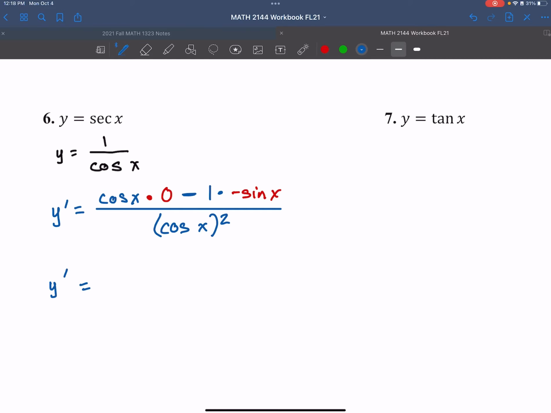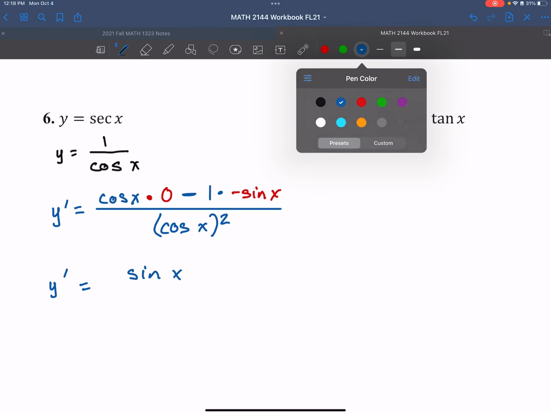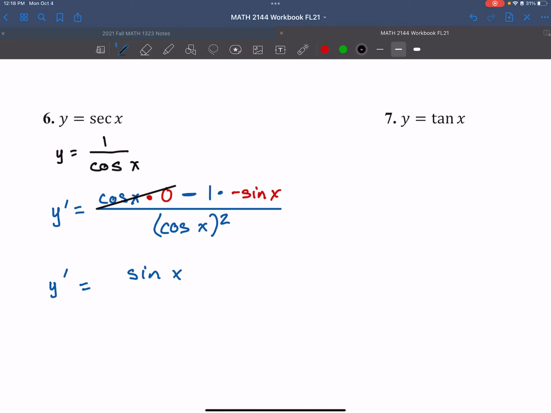So clean this up now. You end up with sine of x in the numerator because of the cancellation of the cosine of x with the 0. And notice the double negative here is why it becomes positive when you multiply. Then you would still have the cosine of x all squared in the denominator. Of course, we'll want to rewrite this using the simpler functions instead of as a quotient.